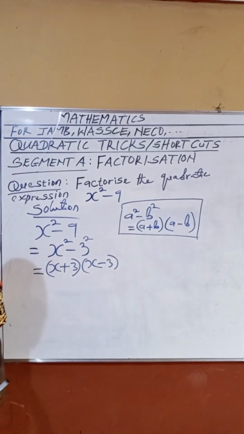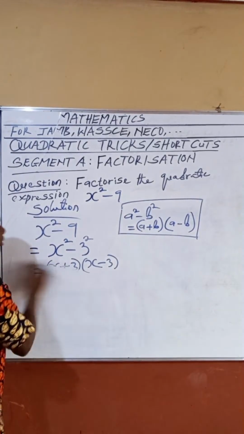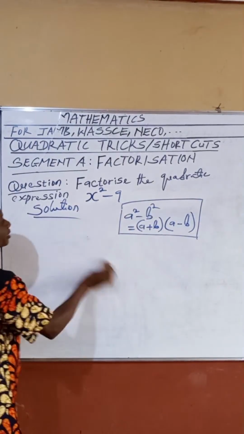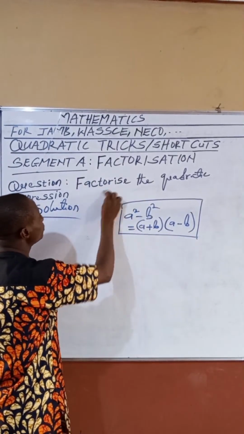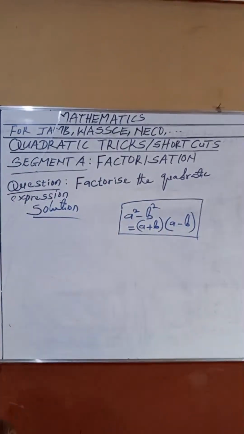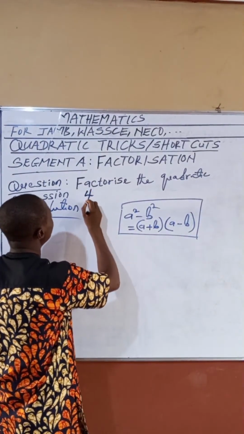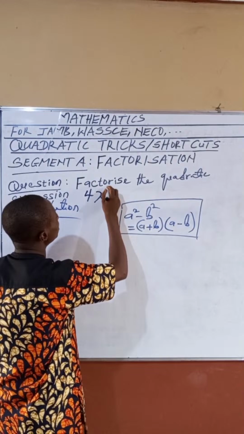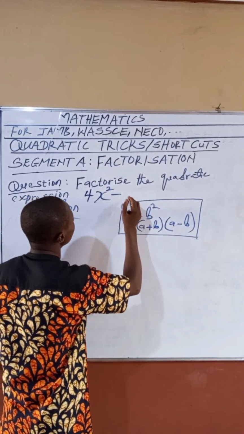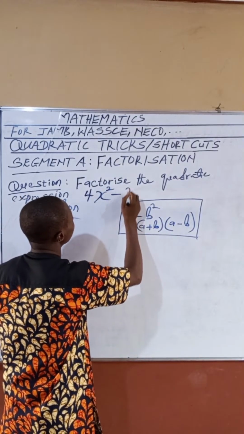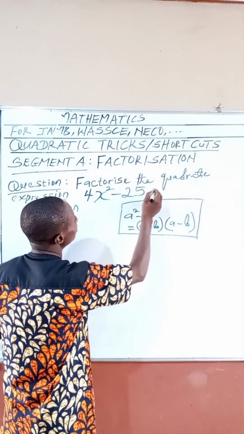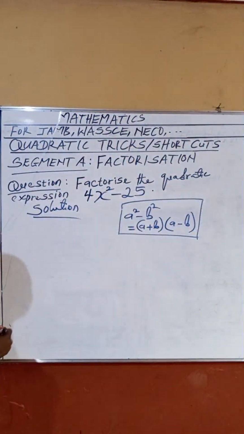So this is for the first case. Let's quickly take the second case. Okay, this is the first case. I'm going to give you the second case now. Look at this scenario. We have 4x squared minus 25. Yes, look at it.